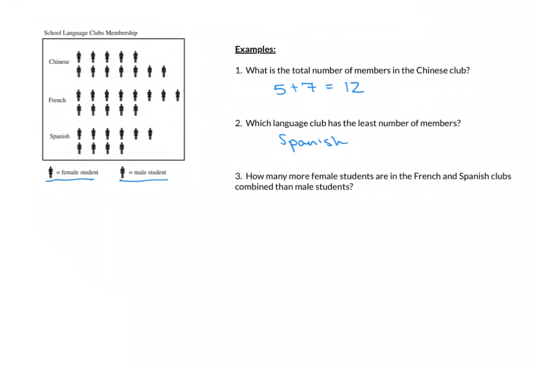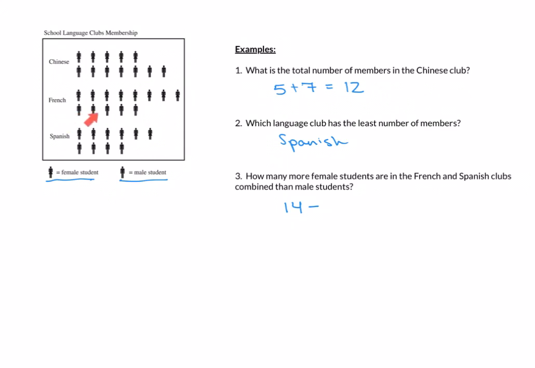Okay, now, how many more female students are in the French and Spanish clubs combined than male students? In the French, how many female students do we have? We have 1, 2, 3, 4, 5, 6, 7, 8. Plus the Spanish, 9, 10, 11, 12, 13, 14. Minus how many male students do we have?